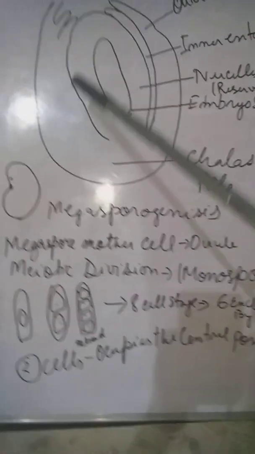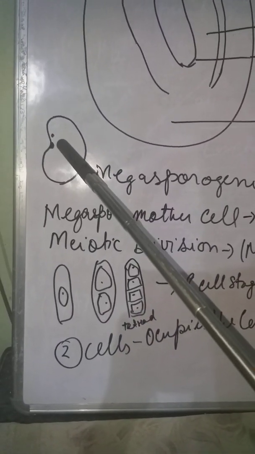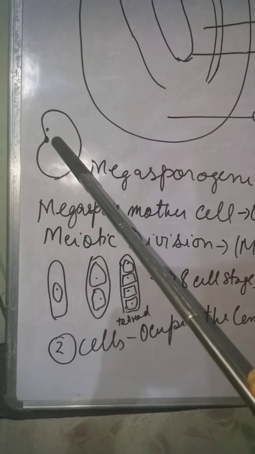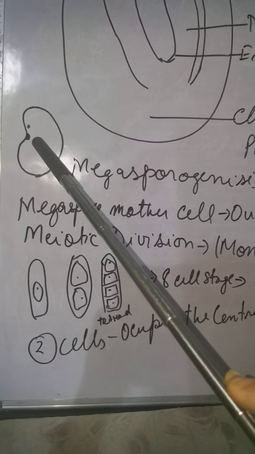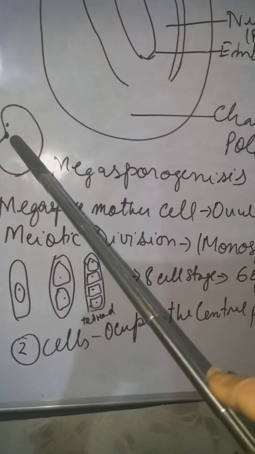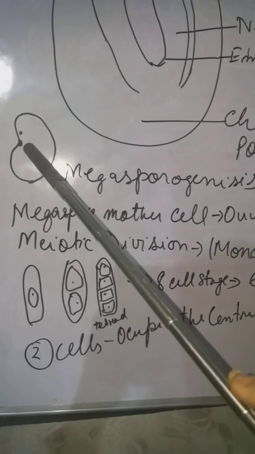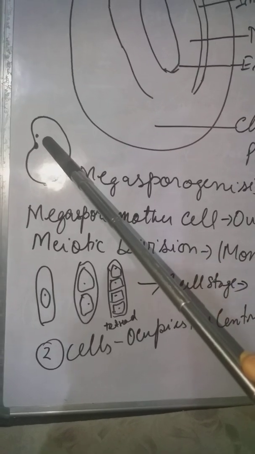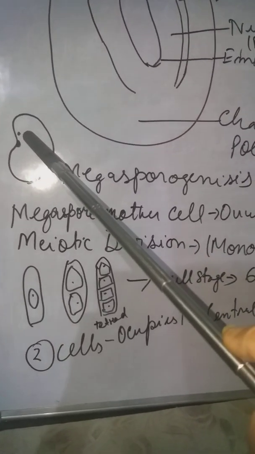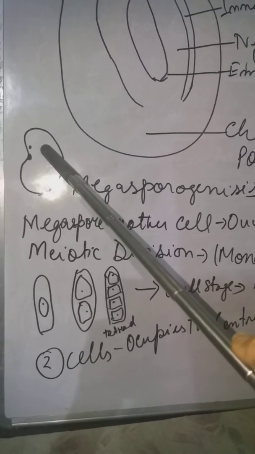Now if we take a seed, you see a point of attachment, a scar-like structure. This is actually the hilum, and this is the point of attachment. Then here you have a small hole, and if you soak a bean seed or a gram seed, you see air bubbles at that point.